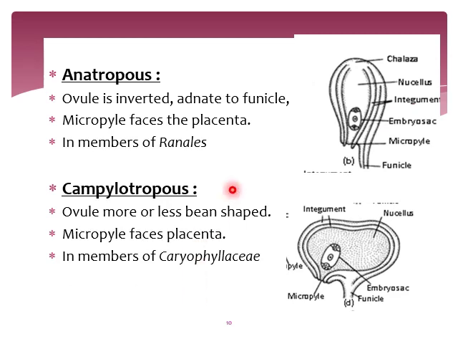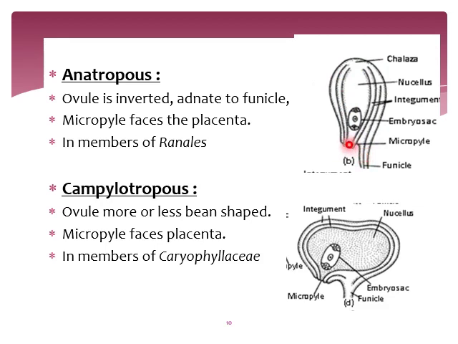The second type of ovule is anatropous. In anatropous ovule, the ovule is inverted, as you can observe here. The whole portion is inverted here, bent, curved here, and it is adnate to funicle.